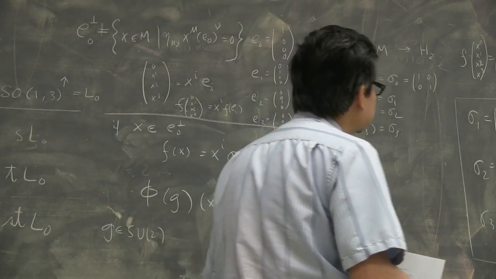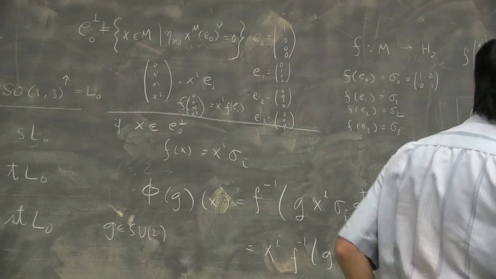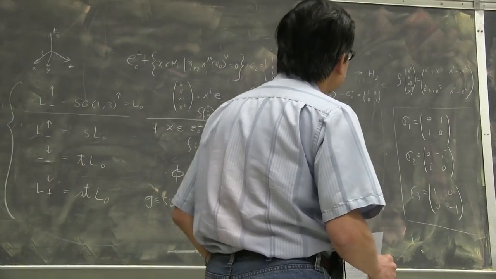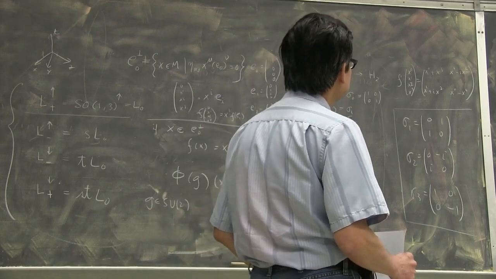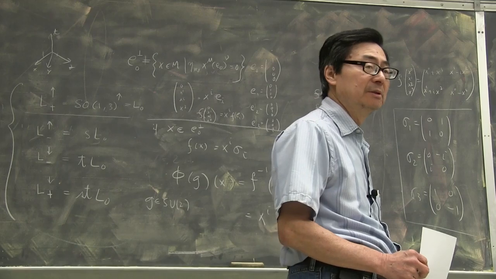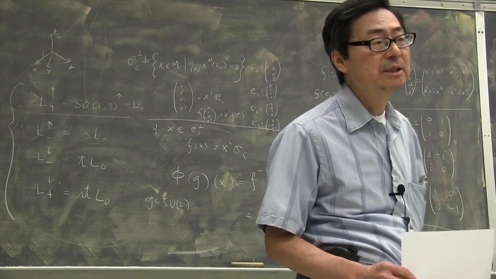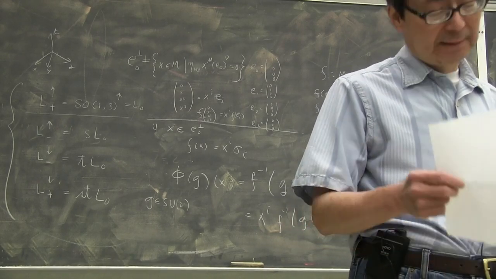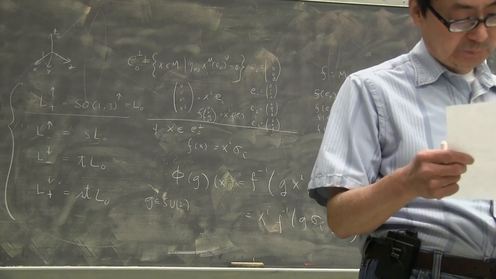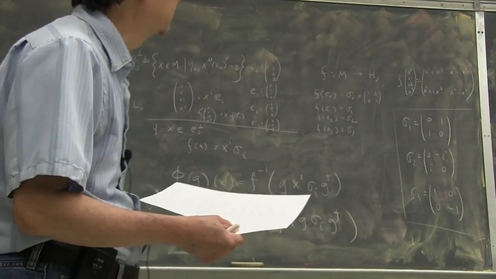If you calculate the trace of this matrix, what is that trace equal to? In general, it's 2 times x0. But x0 is the time component of the Minkowski vector.